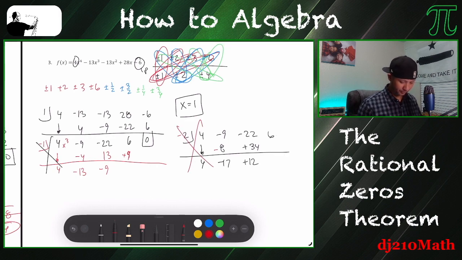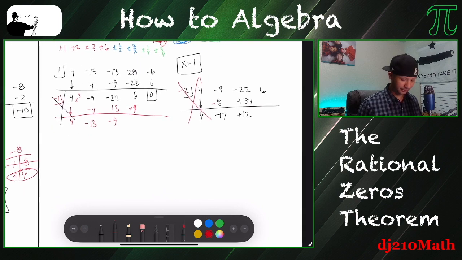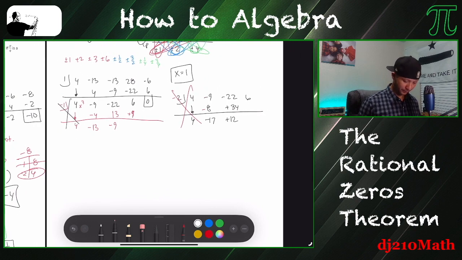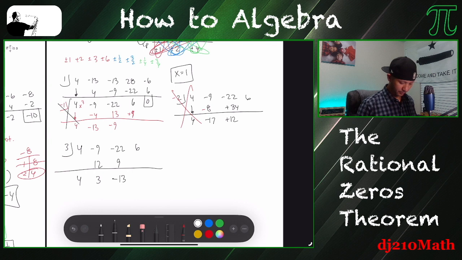And I bet it's one of the fractions. Let's go to 3. 3 doesn't work. Negative 3 doesn't work. I'm going to skip and use 1/2.